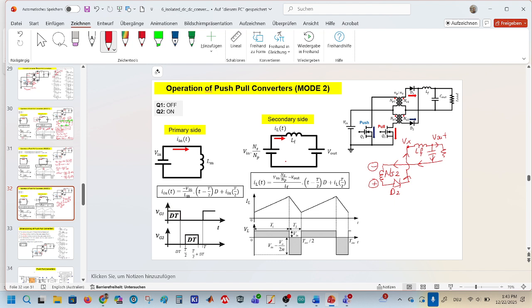During the second mode, that means the second switch is turned on and the flux now has opposite polarity. That would mean the input voltage has the minus voltage on the primary side. The secondary side is here.